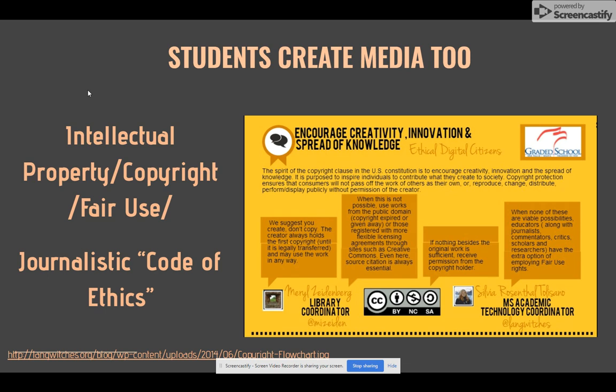So things that we should be covering with our kids are ideas about intellectual property and copyright and fair use. We should be covering with them the journalistic code of ethics, not only the elements of the journalistic code of ethics, but also how to achieve those elements. One of the elements of the code of ethics is objectivity.